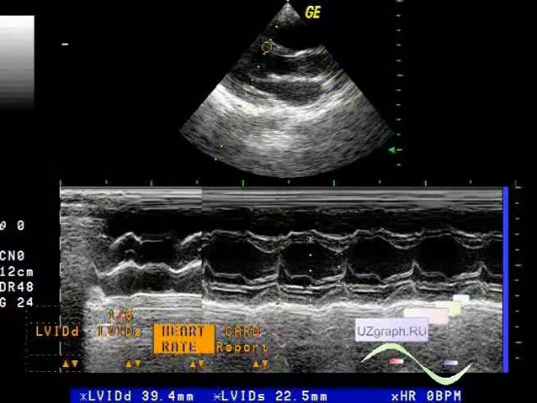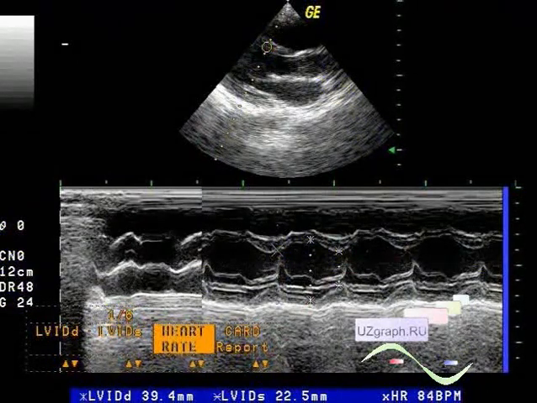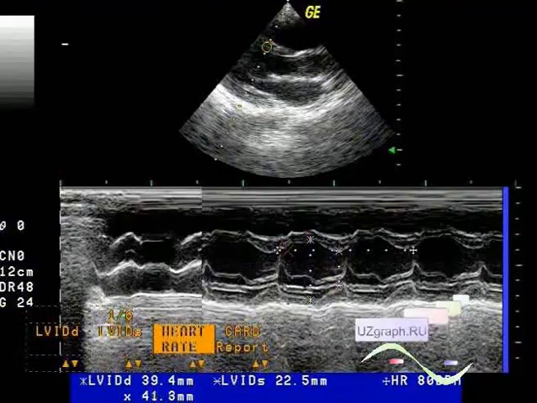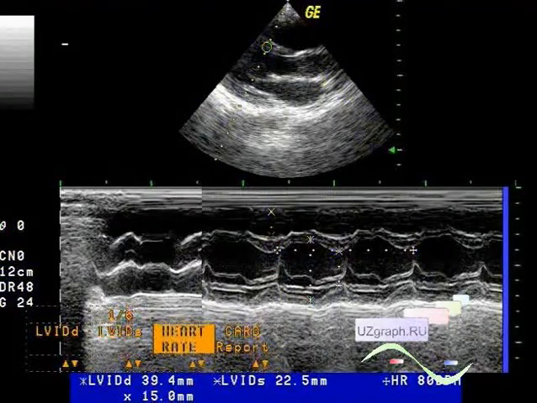Also, we measure the heart rate. In this scanner, we need to measure 2 cycles for averaging the heart rate. Next, we see the measurement of the right ventricle in M mode.